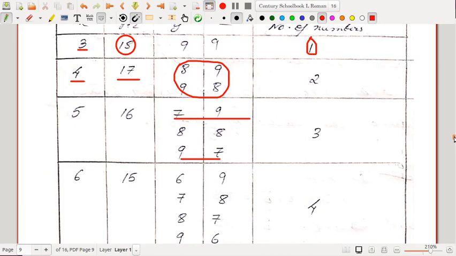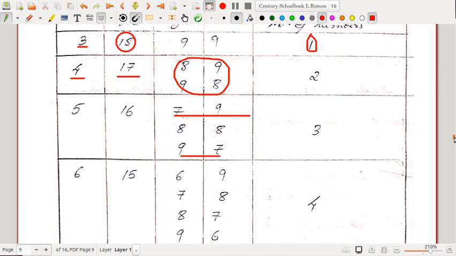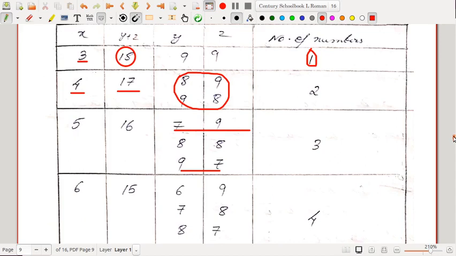But I prefer this particular method because it also gives the actual numbers. So if somebody asks you to list all possible numbers, you can easily list them out.